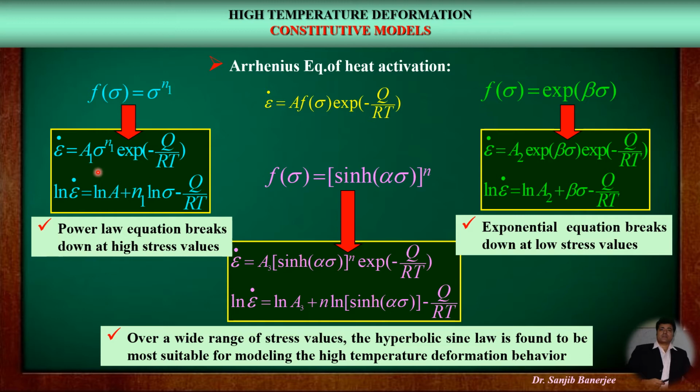When we take logarithm on both sides of this equation, we get the following expression, where we can see that if we draw the plot of log of strain rate versus log of sigma, the slope gives the value of n1. Here, this power law equation breaks down at high stress values, which is a disadvantage for this particular constitutive model.